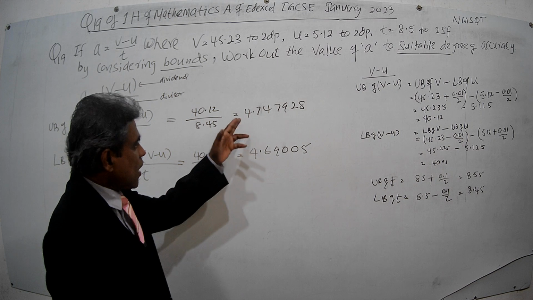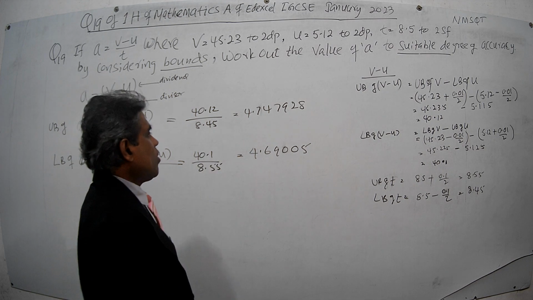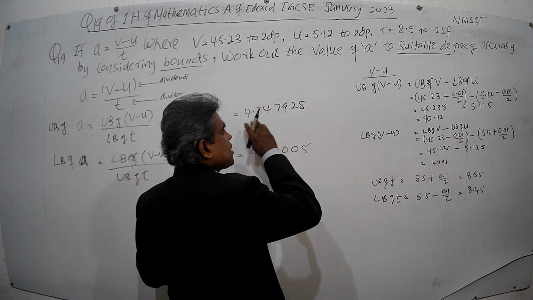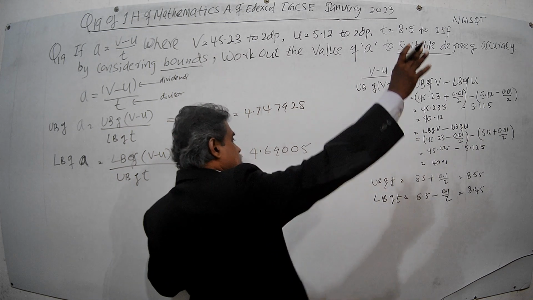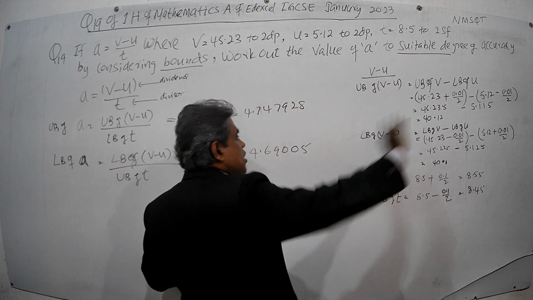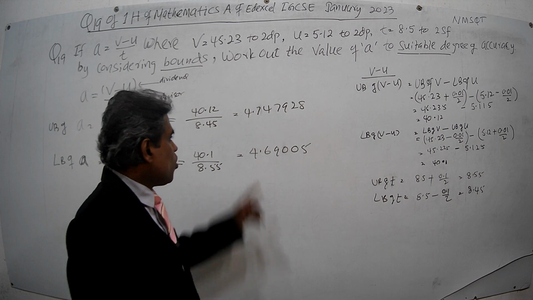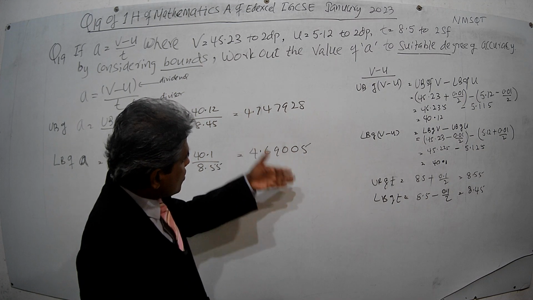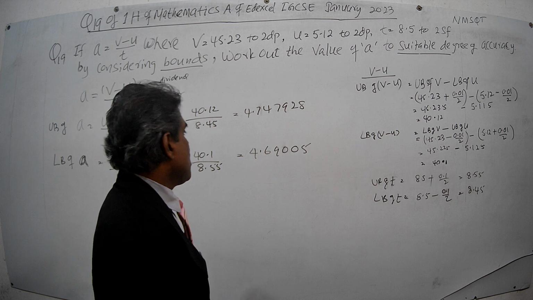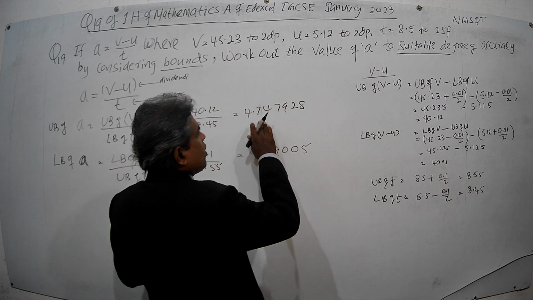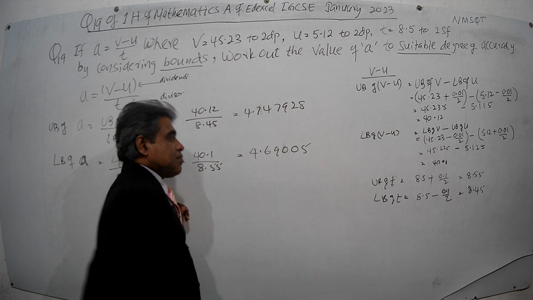Why? Because this value has so many decimal places. This value also has so many decimal places. So therefore, this answer differs by a considerable margin when you take these decimal places.